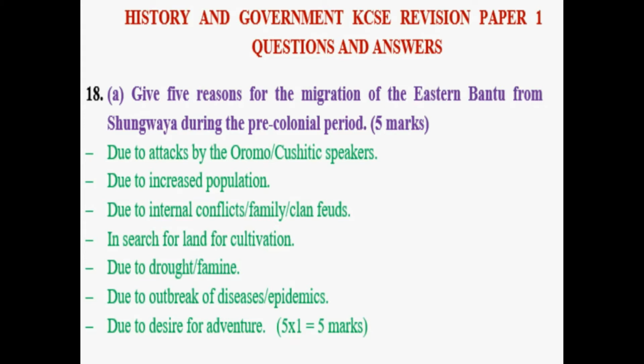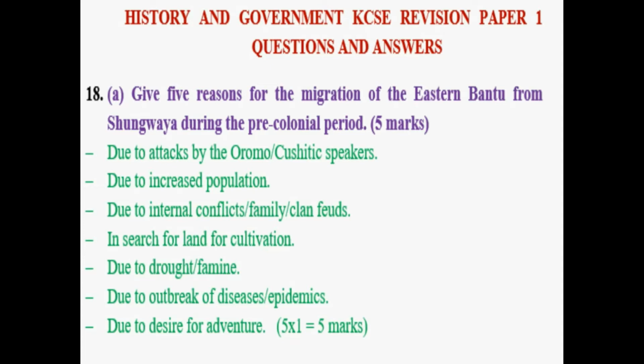Give 5 reasons for the migration of Eastern Bantu from Shungwaya during the pre-colonial period. We repeat the question. Number 1, due to attacks by Oromo.